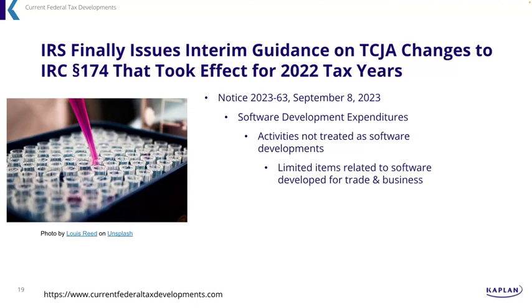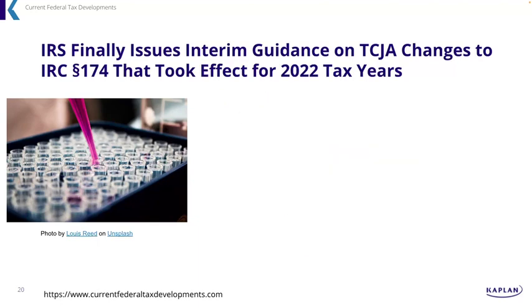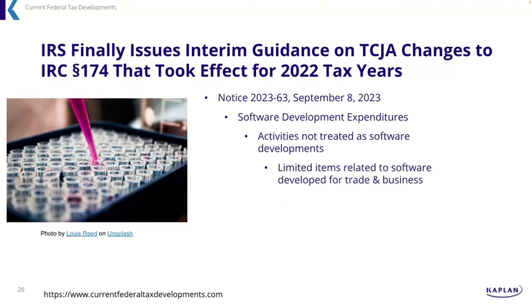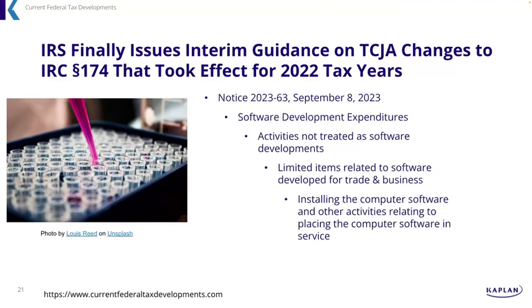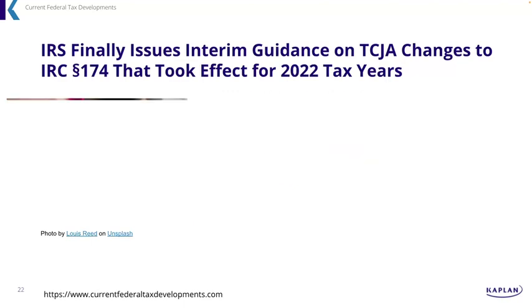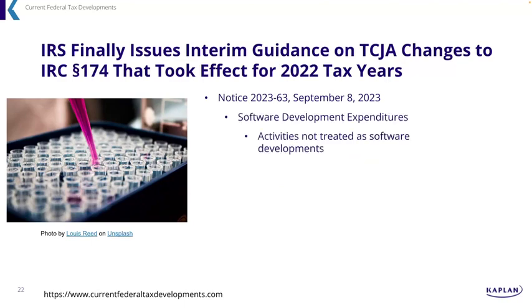And then installing computer software and other activities, those will not be considered part of it. So training, maintenance, we also talked about there, data conversion, and we talked about the fact installing. Those are all there. How about software available for others?